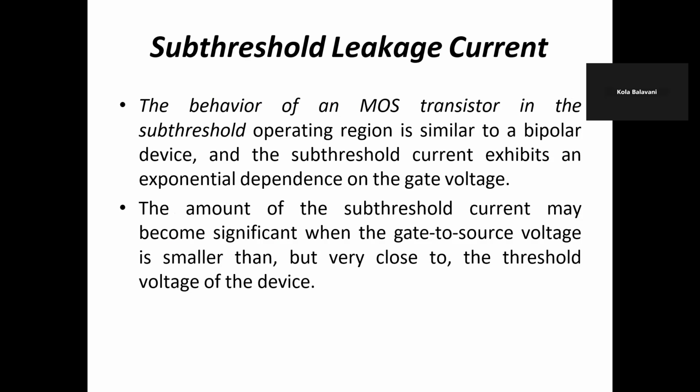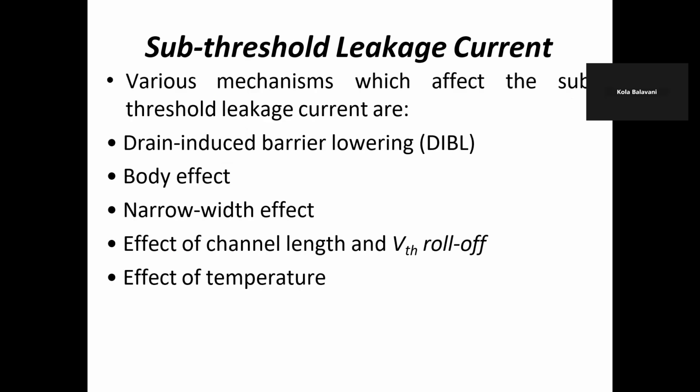Various mechanisms affect the subthreshold leakage current: drain induced barrier lowering, body effect, narrow width effect, effect of channel length, and effect of temperature. These are all different mechanisms which affect subthreshold leakage.